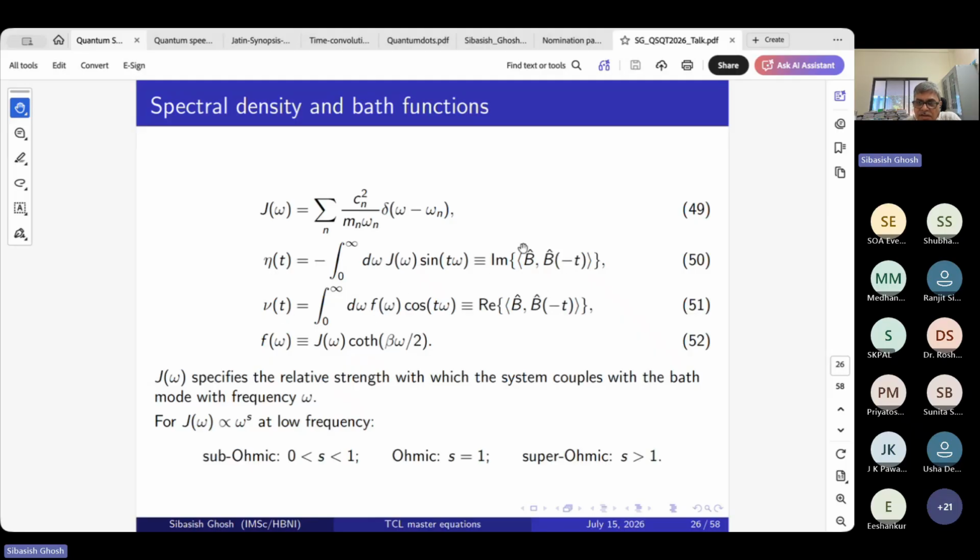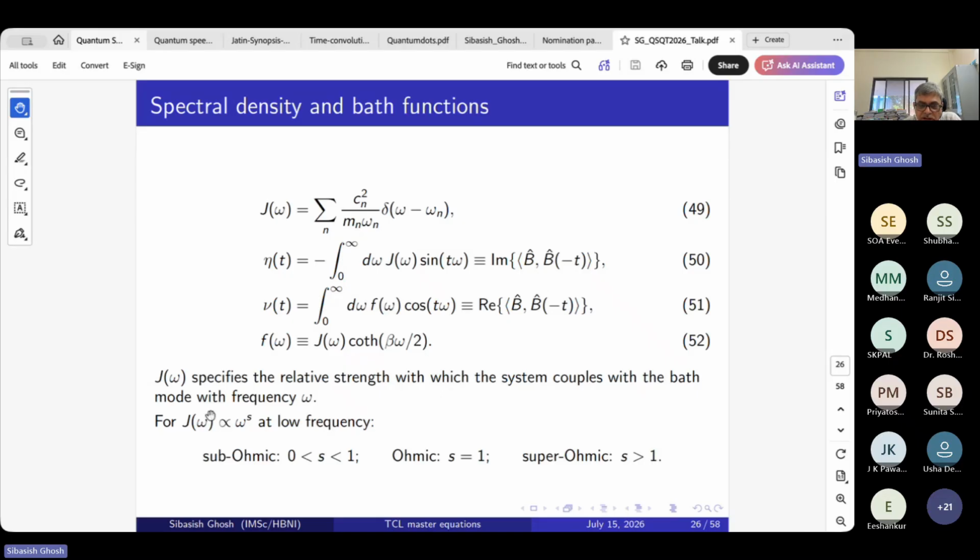So eta of t is the imaginary part of the bath correlation function and nu of t is the real part of the bath correlation function, and this f of omega is J of omega times coth of beta omega over 2. So beta is the inverse temperature of the bath. Okay. So this J of omega, the spectral density, basically specifies the relative strength with which the system couples with the bath mode with frequency omega. So that is how it works.